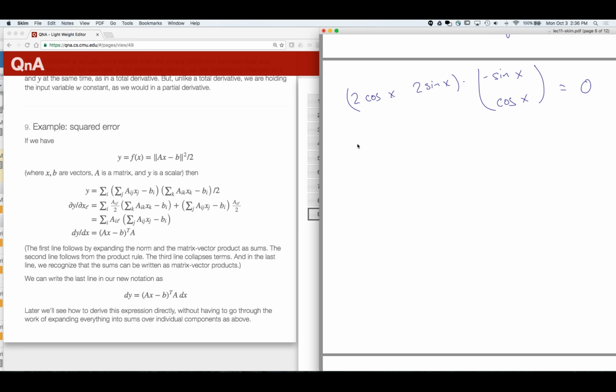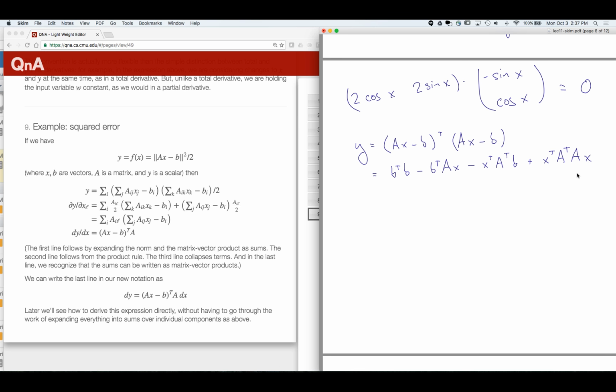So we have that y is equal to (Ax minus b) transpose (Ax minus b). And we can just expand that out, right? This is b transpose b minus b transpose Ax minus x transpose A transpose b plus x transpose A transpose Ax, right?